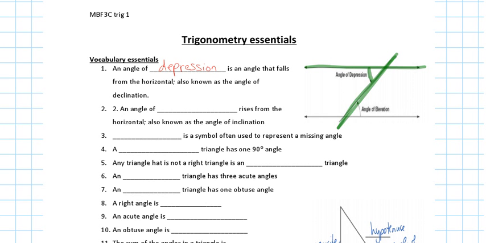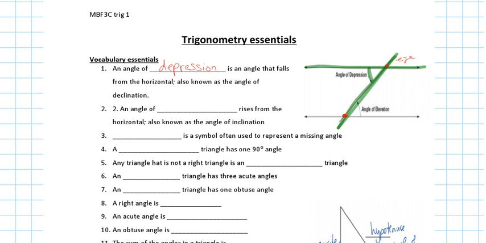I'm going to draw a line from my eye to the object. Does that make sense? So your object in this case is right here. That's your object. Okay? This is your eye. You're looking down. You have the horizontal line coming out of your eye, a line from your eye to the object, and this is the angle of depression. Okay?